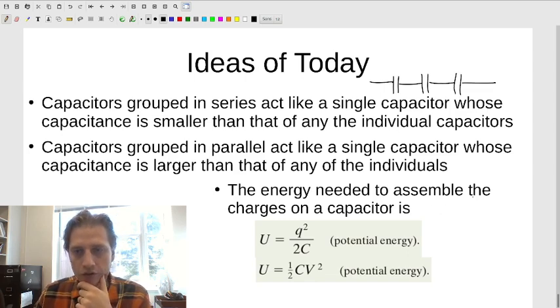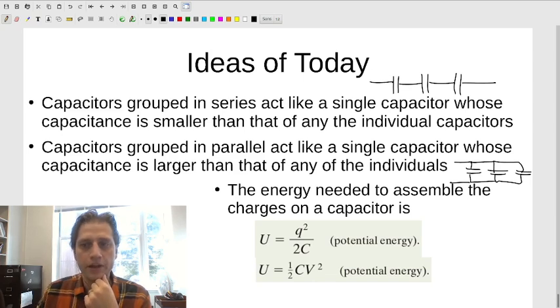On the other hand, if you group them in parallel and treat them as a single capacitor, so this is in parallel, these are just wires, then this case has a greater capacitance than any of the individual capacitors.